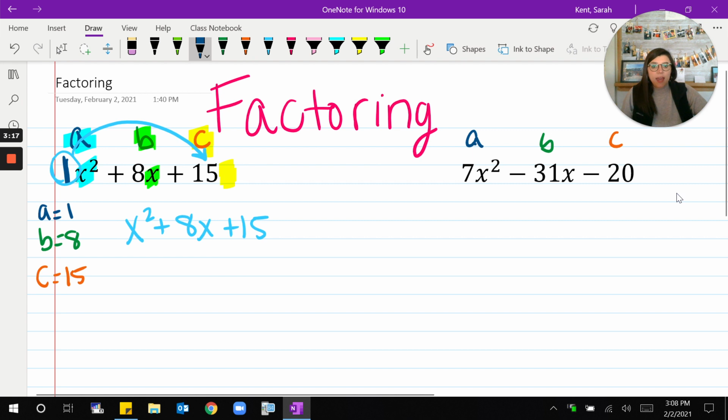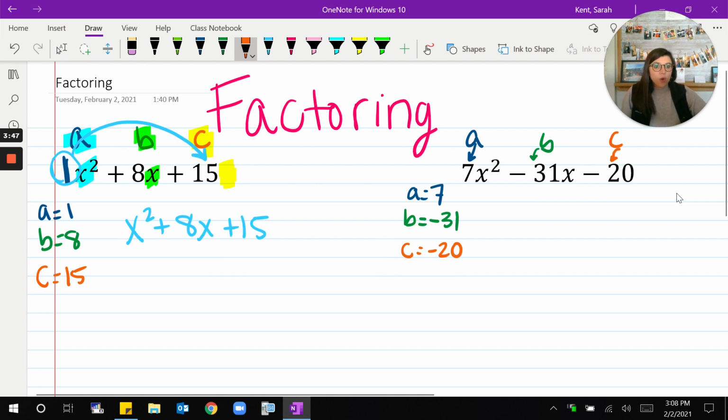So here A, the number with x squared, is 7. So I'm going to note that A is 7. B, the number with x, is minus 31. So for B, I'm going to put minus 31. And then C, our last one, is minus 20.